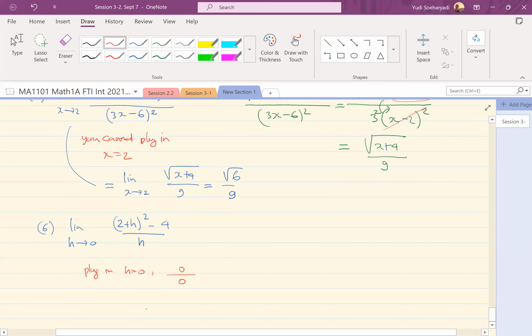This also, well, this is undefined. So somehow we have to simplify this first. When you simplify, how do you simplify this?